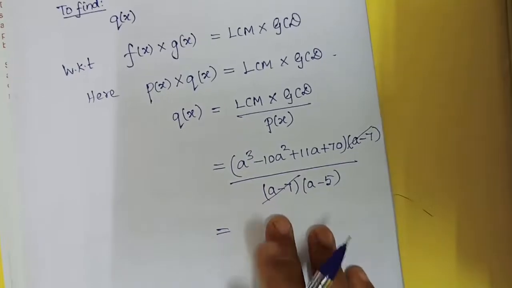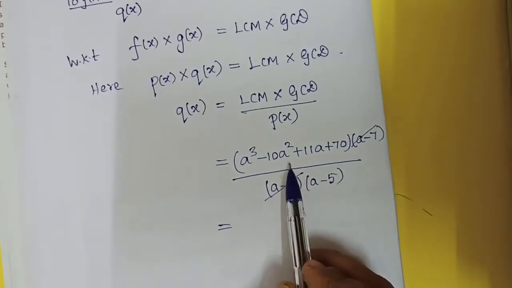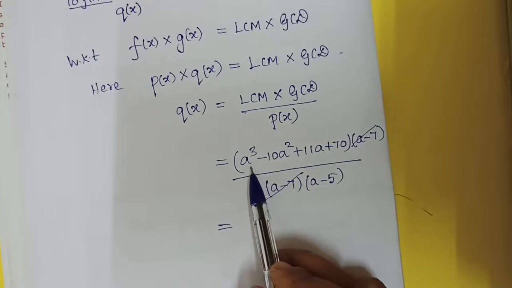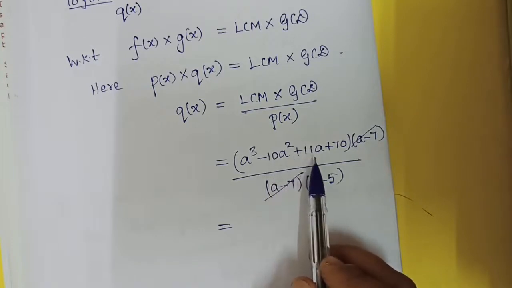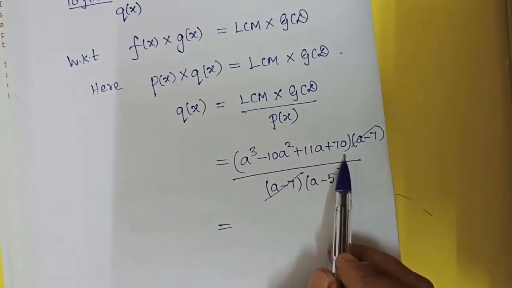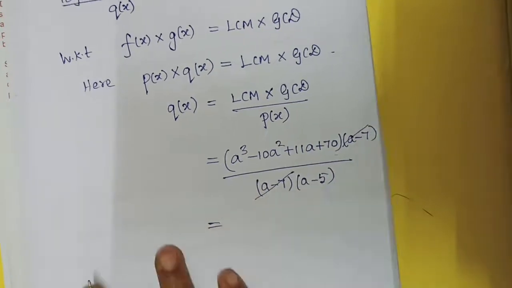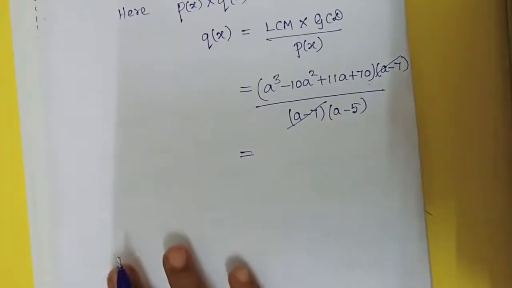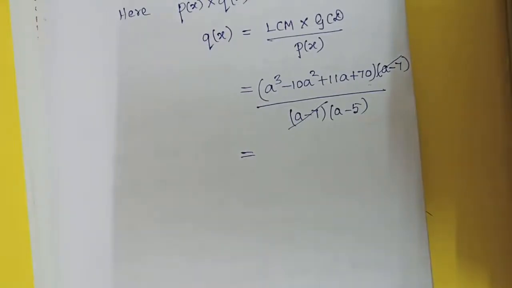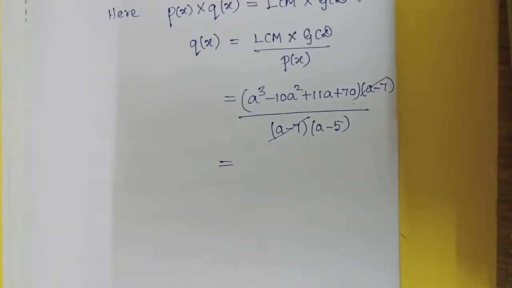Then here one new thing. We need to divide this. What is that? A cube minus 10a square plus 11a plus 70 divided by a minus 5. Already in the last year, 9th standard, you have learned how to divide polynomials by which method?